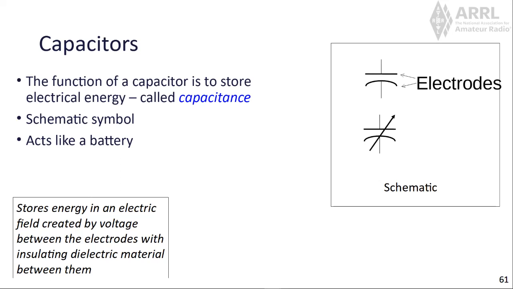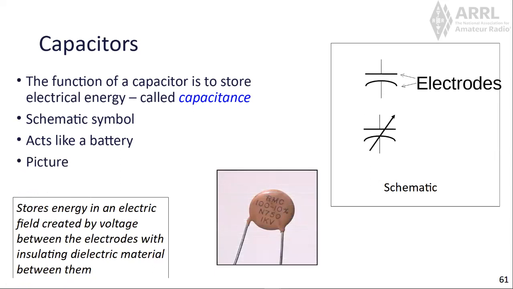Sometimes we just separate the plates physically, and the air gap is the dielectric. And different kinds of dielectric add different values to the amount of capacitance, different efficiencies, so that some physically same size capacitors will have different capacitance based on the dielectric material that is used. Okay.